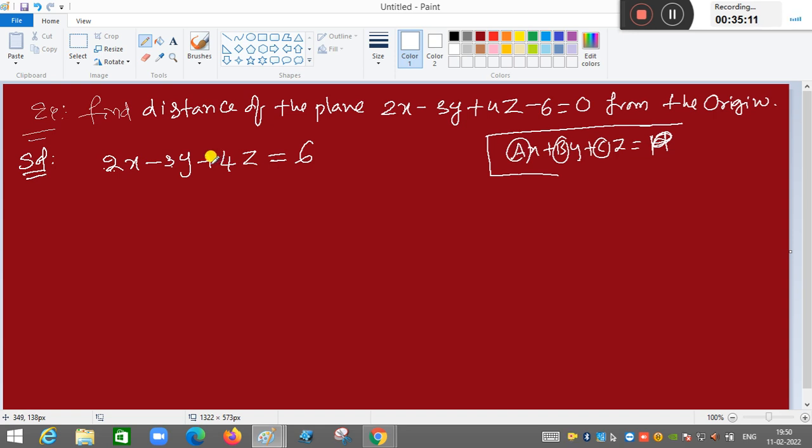Therefore these are not direction cosines. Understood.